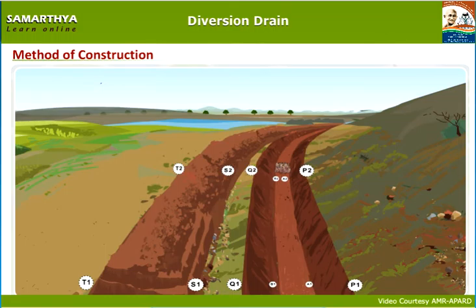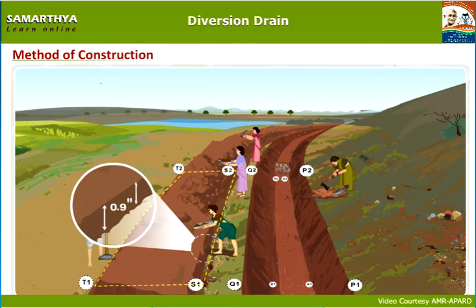As already explained, deposit the soil so dug out in layers in the middle portion of S1, S2, T2 and T1. This soil has to be layered with a thickness of 9 inches or 23 centimeters in the middle portion of S1, S2, T2 and T1.